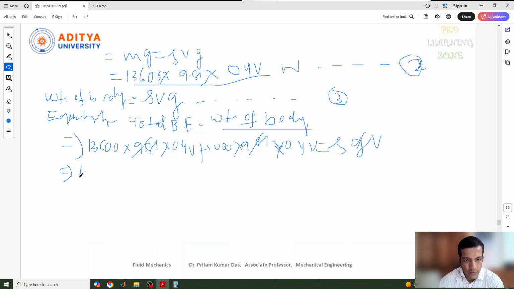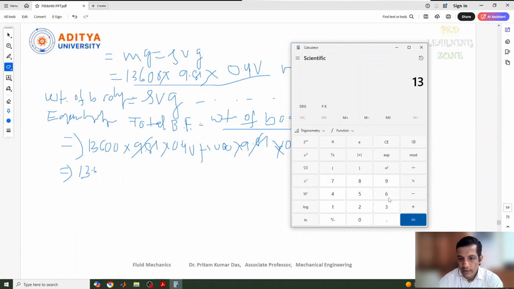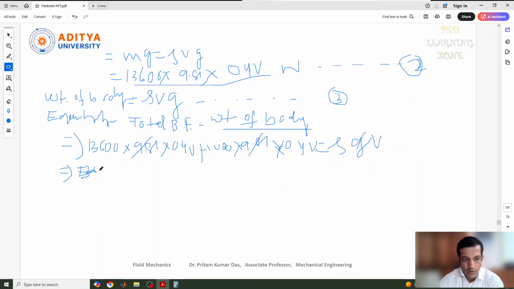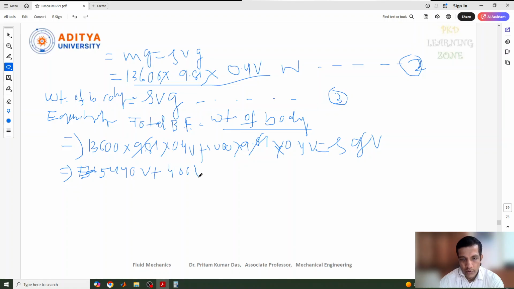Now what will the remaining parts be? So 13,600 into 0.4 V. Let's calculate this. 13,600 into 0.4 is nothing but 5440 V. Next, 1000 into 0.6 V. Sorry, here 0.6 will be there, this is 40%, this is 60%.